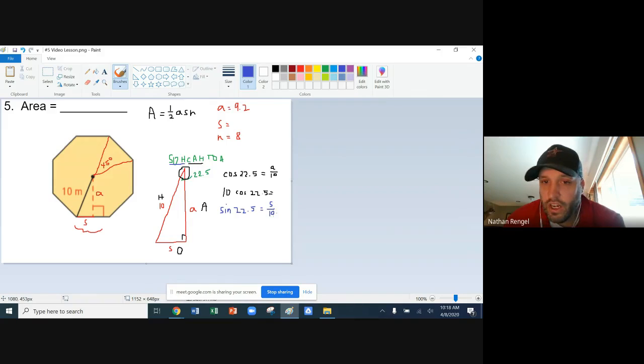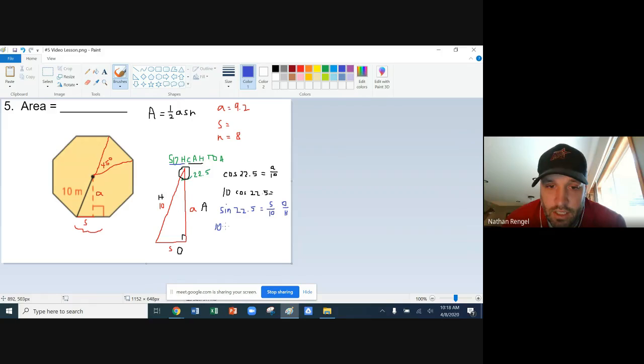If you're wondering how I'm writing this S over 10, it's just the opposite over hypotenuse. So I've got to make sure I write that ratio as the opposite over hypotenuse, because that is what sine is defined as. And once I get this solved out for S, I'm going to again multiply by 10 on both sides.